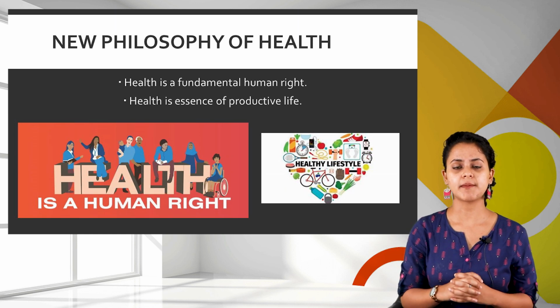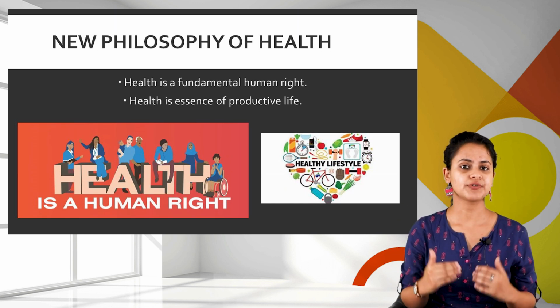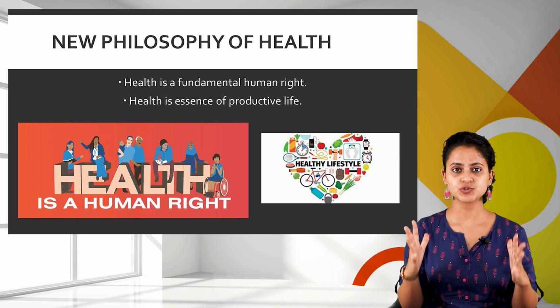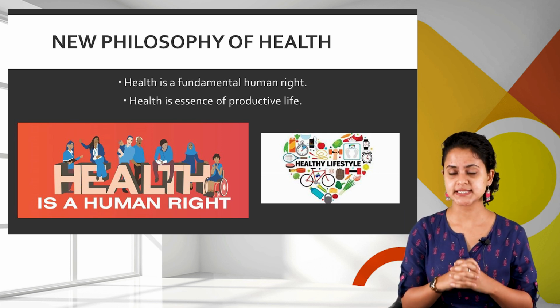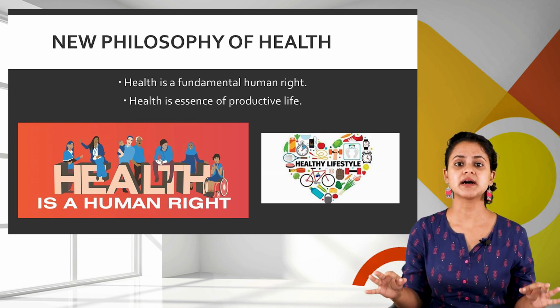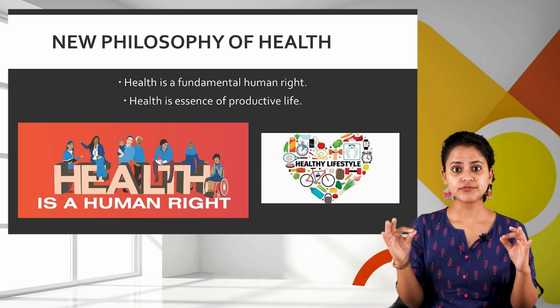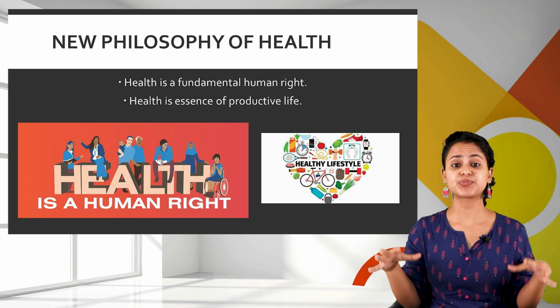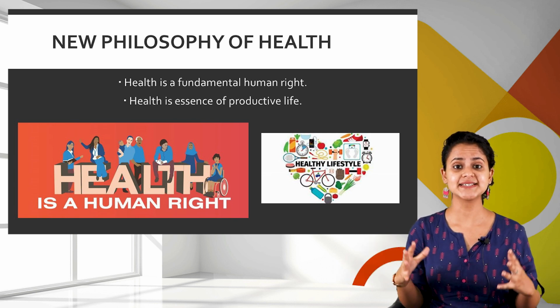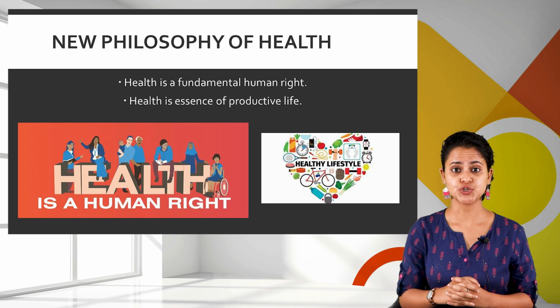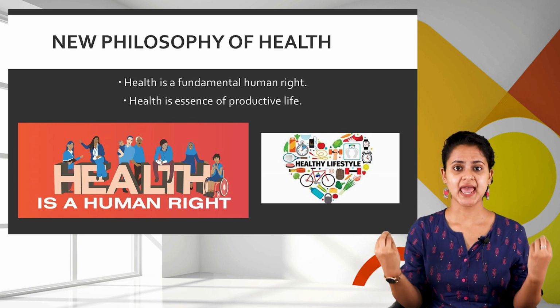Now we are going to read about the philosophy of health. The first philosophical aspect of health suggests that health is a fundamental human right. Every individual who is present in the world and leading their life has a right to get adequate health.